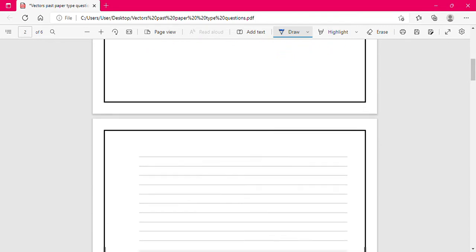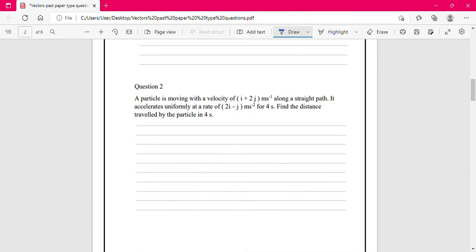Okay, so come to the second question here. Again, read the question carefully. The particle is moving with a velocity i + 2j meters per second along a straight path.